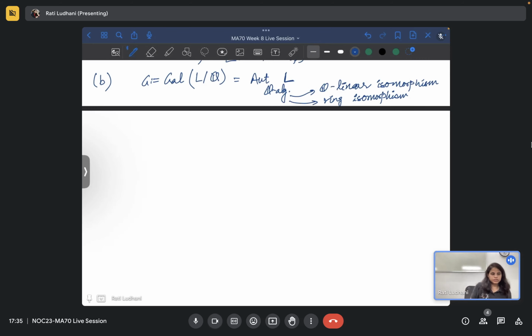So both structures are there. So this L is a Q algebra, and we can define Q algebra automorphisms. So we have all these properties of linearity and ring isomorphisms. Very good. So we have to find what this G is. Now we have proved L is equal to Q(A, zeta), which we just proved in the A part.